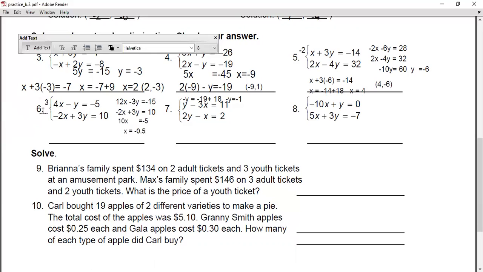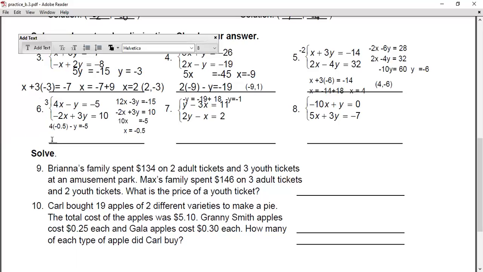So I will choose the first equation as 4 multiplied by negative 0.5 minus y equals negative 5, which means 4 multiplied by negative 0.5 is going to give you negative 2.